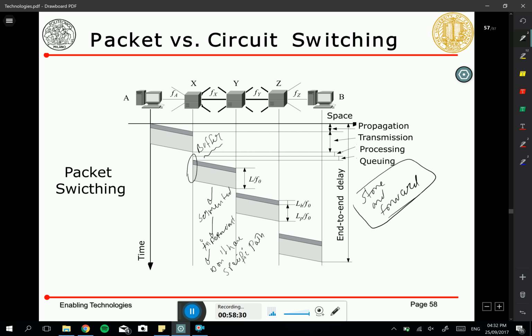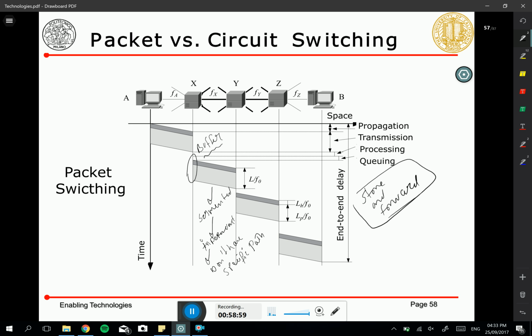So as you can see, the packet arrives, then you wait a bit, you send, wait a bit, and so on and so on. Big deal with this approach, you don't know how long you're going to wait. So this time is not predictable. So the amount of time that you use to transfer a packet into the network has to some extent a variance that you cannot avoid.